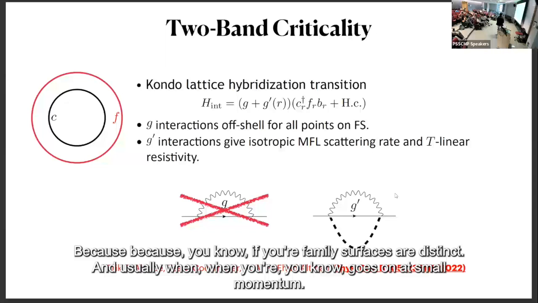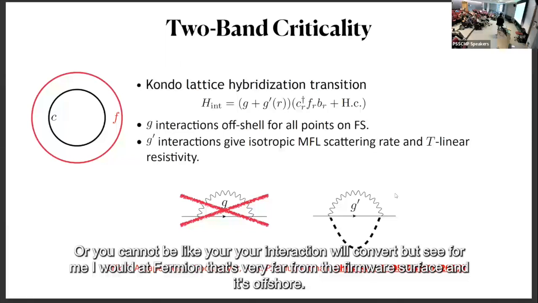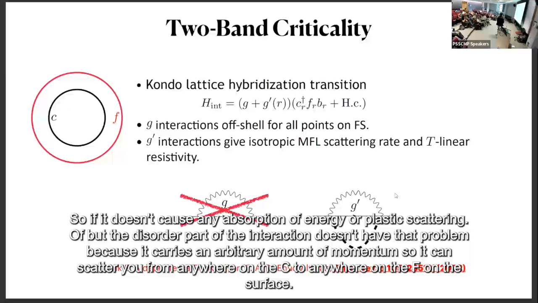Usually when your boson is at small momentum, your interaction will convert your C fermion to an F fermion that's very far from the Fermi surface, so it's off shell and doesn't cause any absorption of energy or inelastic scattering.